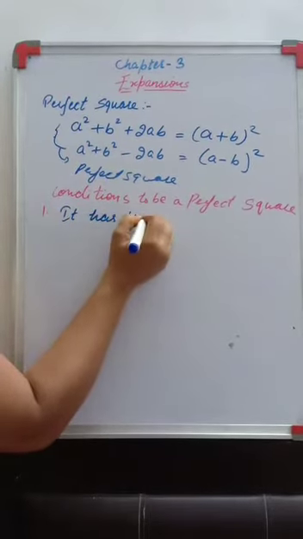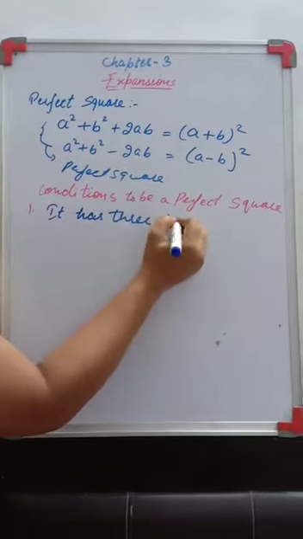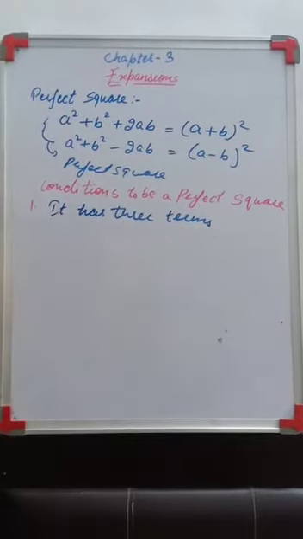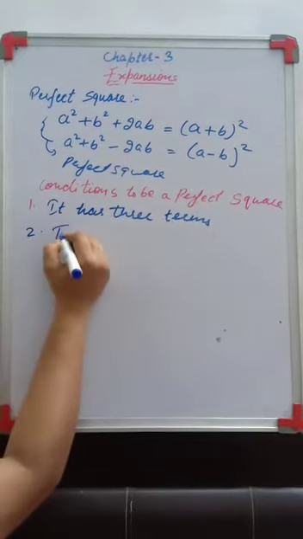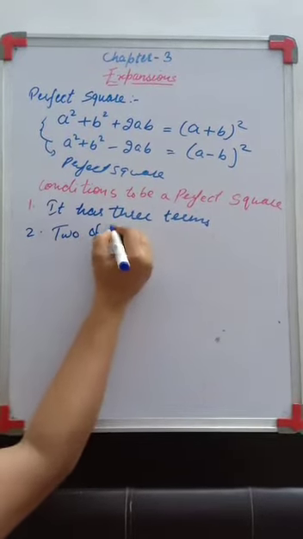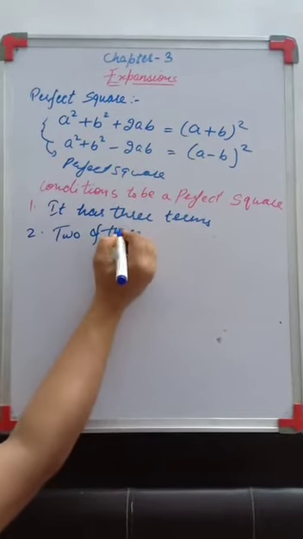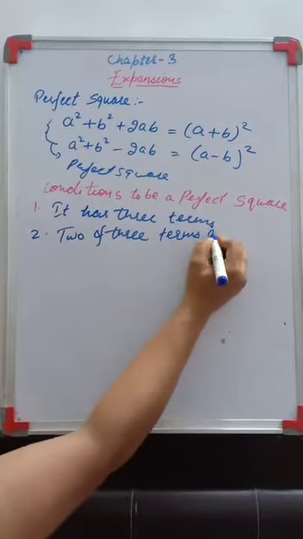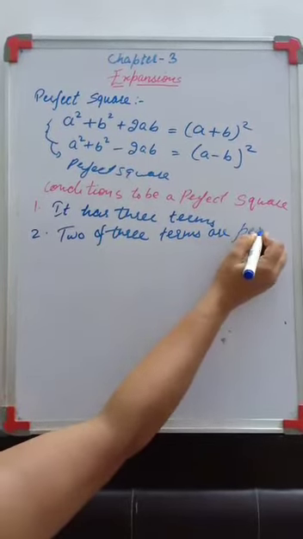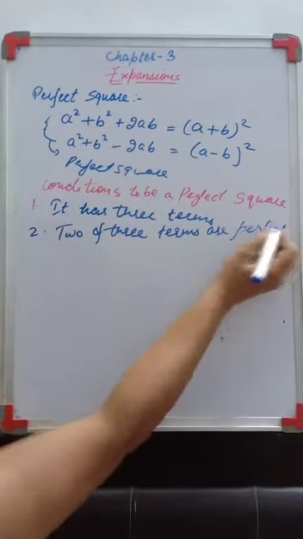Any perfect square must have three terms. The second condition is that two of the three terms are perfect squares.